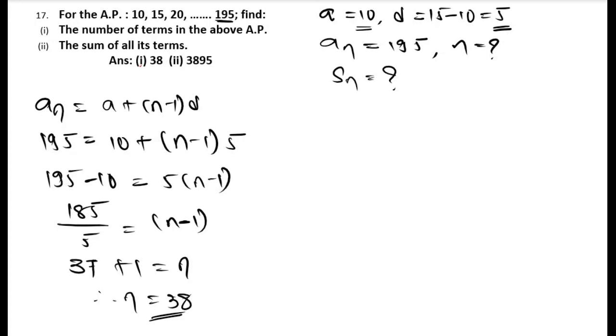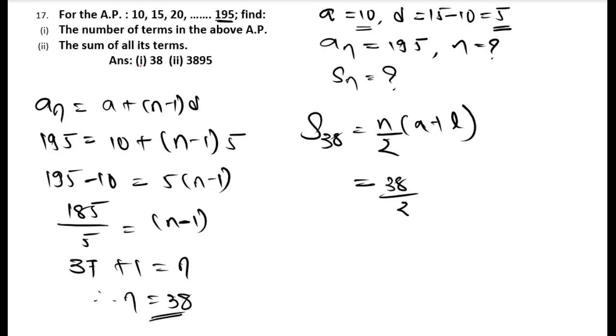Now we have to find the sum of 38 terms. So I'll use the formula n by 2 bracket a plus l. That is the formula, right? N by 2 bracket a plus l. So n is 38. 38 by 2 bracket a is 10. Last term is 195. So 38 by 2 into 205.